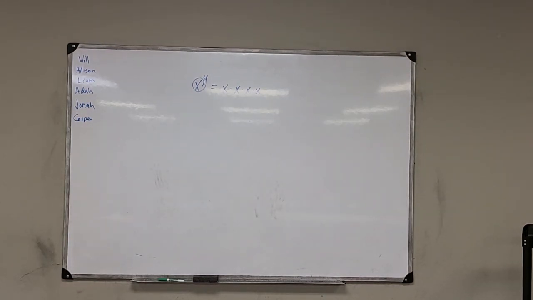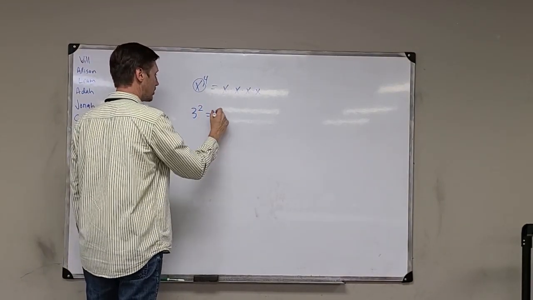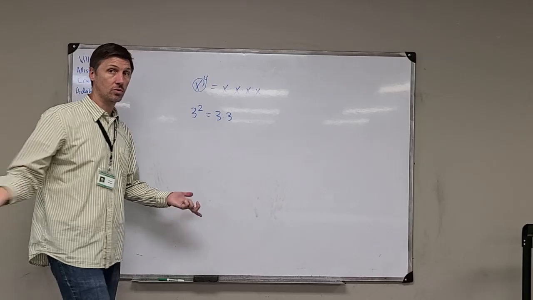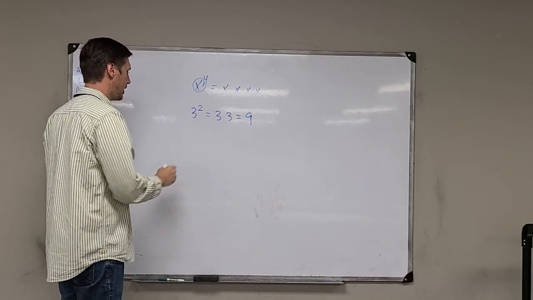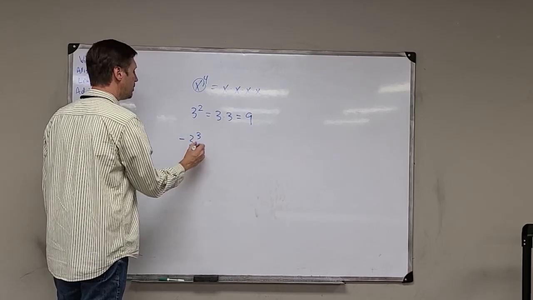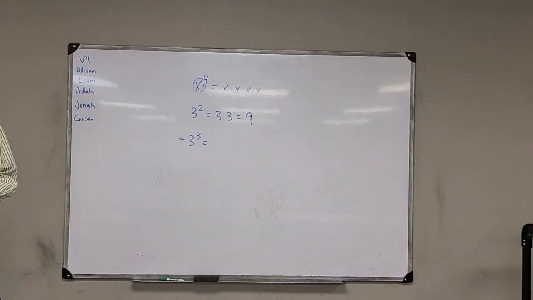So if we understand that, then if I have 3 squared, that means 3 times itself twice, so that answer would be 9. And if I had -3 cubed, that would be what? -3 times -3 times -3? It wouldn't be.